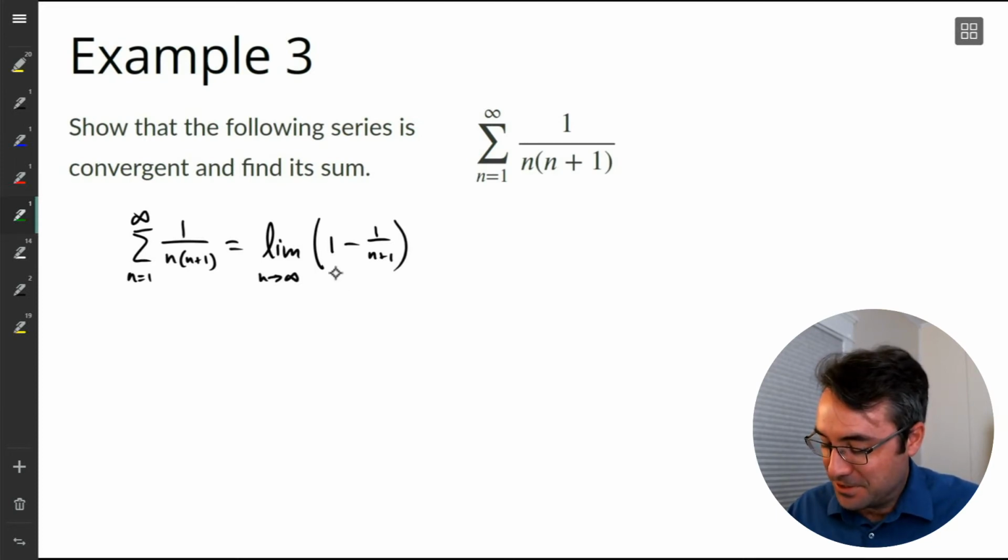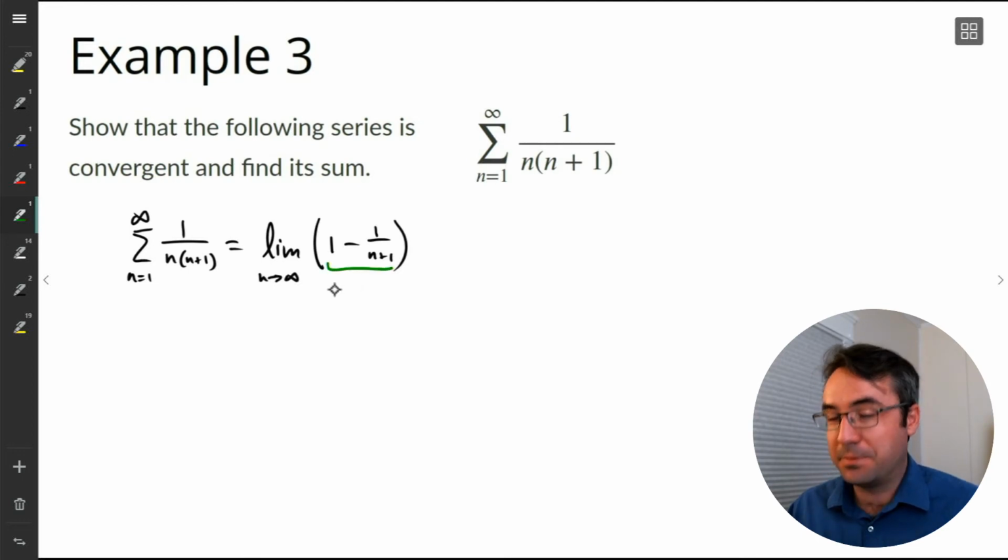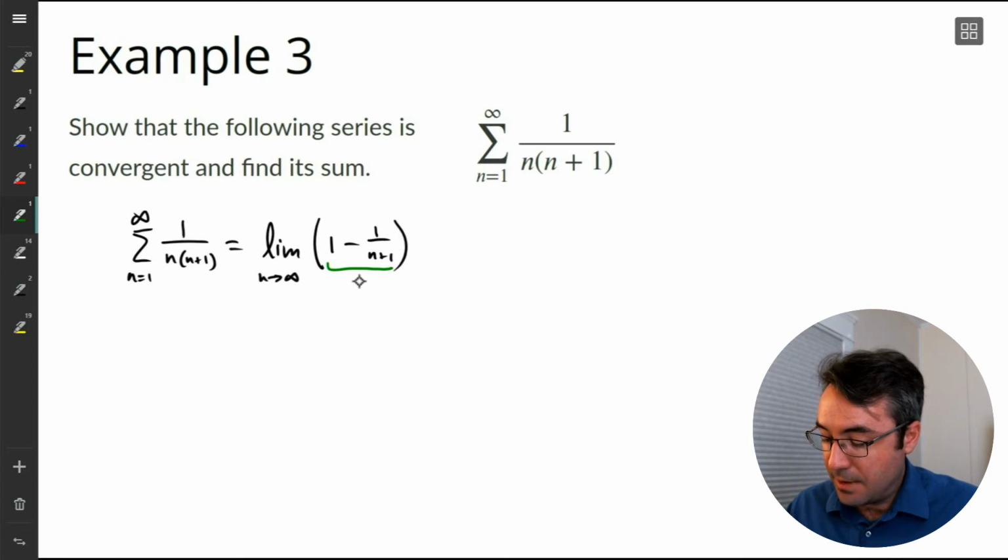All right, so what we're seeing here, we're doing the limit. We're applying the definition of a convergent series, in that we're investigating whether we can actually add up all these terms together. So we're doing the limit, and what we have here is our sequence of partial sums.